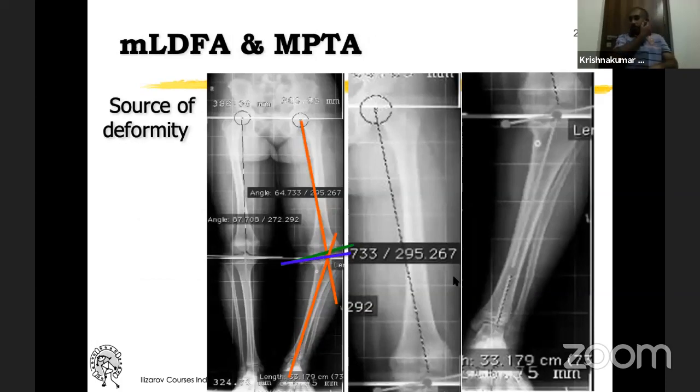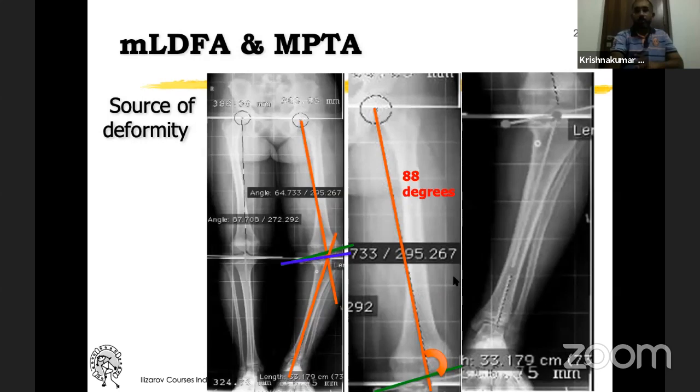Now, once you define the mechanical axis and find out the mechanical axis deviation, the next step in deformity correction surgery is to find out which bone is deformed. Whether the femur is the problematic bone or the tibia is causing the issue. For that, you draw the mechanical axis of individual bones. You draw the mechanical axis of femur, the distal joint orientation line and the lateral distal femoral angle, which is 88 degrees.